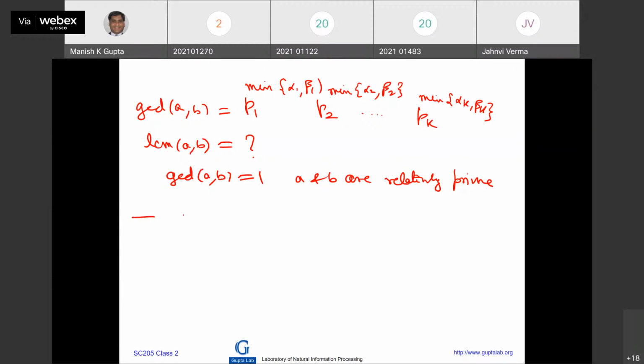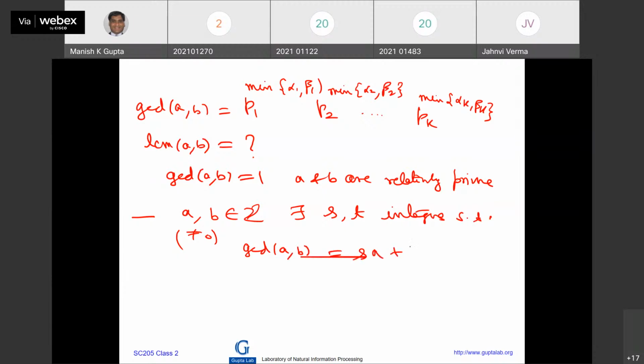Also, another fact: if A and B are integers, and of course both are non-zero, I can assume, there exist integers S and T such that GCD of A comma B is equal to S times A plus T times B. GCD is a linear combination of A and B for some integers S and T. This is a fact, right?